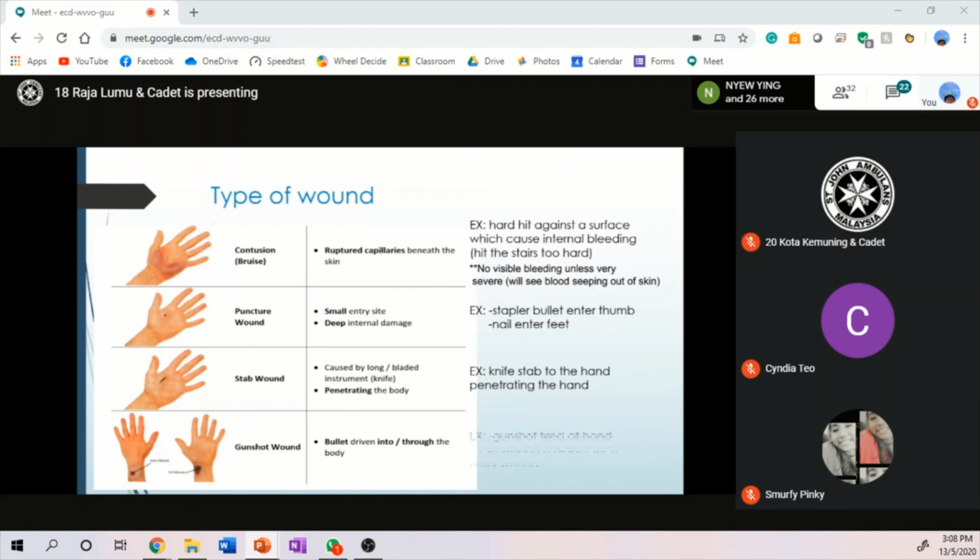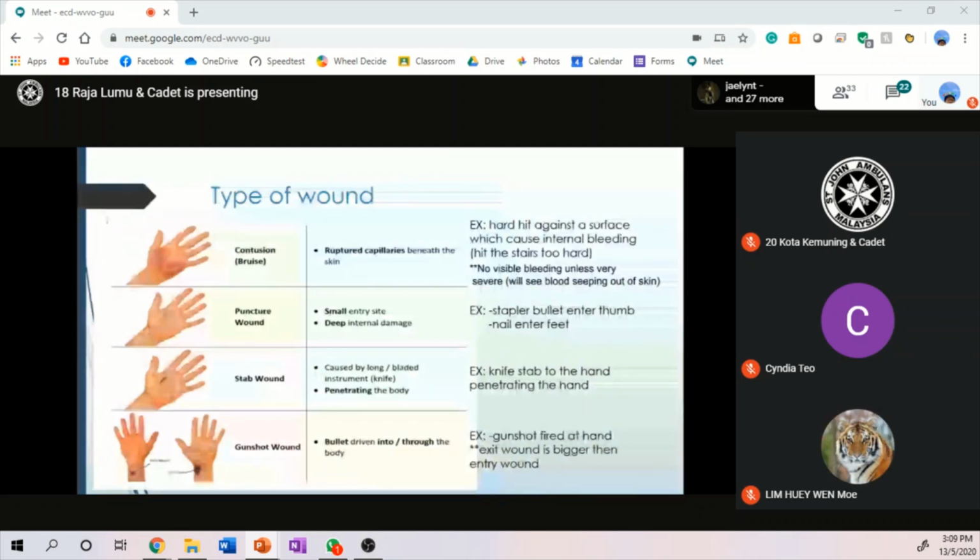And for the last one, this one is very easy to remember because a lot of people like to play games, right? Then you can see the words gunshot wound. A bullet drives through the body. For example, you take a gun and you fire at your hand, you will notice that the exit wound is bigger than the entry wound.